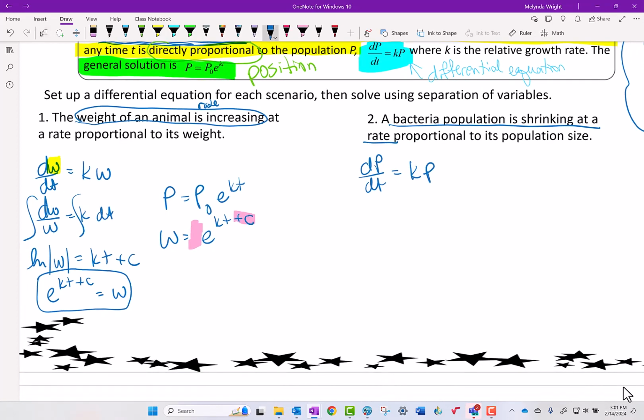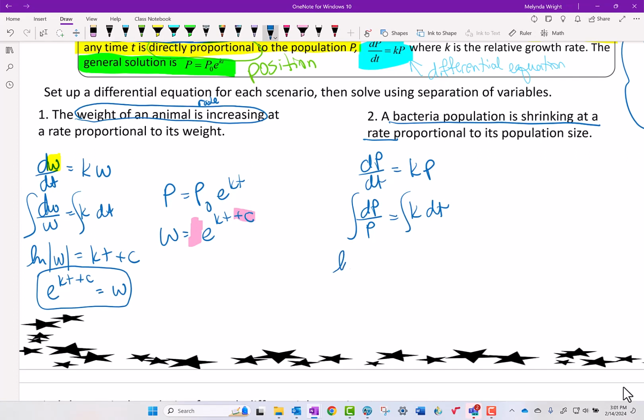So let's separate. So I have dP over P equals k dt. I'm going to integrate both sides. So I have ln absolute value P equals kt plus C. Does everybody understand where the kt comes from?